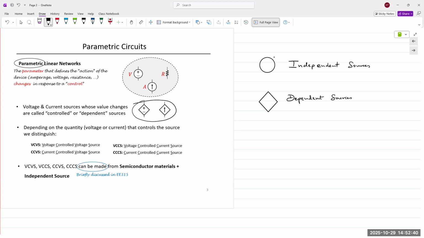So that would mean this is a voltage controlled voltage source or a voltage controlled current source. If the controlling parameter is a current, then we could have a current controlled voltage source and a current controlled current source. All four of those are listed here.